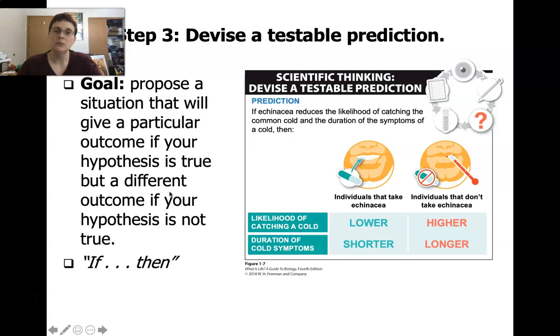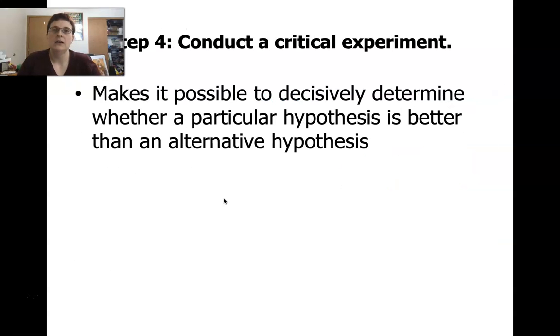So the point of the prediction is to propose situations where you get a particular outcome, but you'll get a different outcome if your hypothesis isn't true, or what we would consider actually not supported. So we've got our observation about echinacea, we've got our hypothesis, now we have a testable prediction.